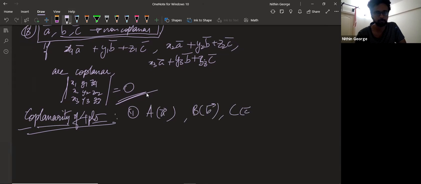So suppose 4 points are given, and you have to check if the 4 points lie on the same plane. You get 3 points, you know they lie on the same plane, it'll be a triangle. Now, if you're given the fourth point, will it form a volume or will it be on the same plane? That's the idea. Much clear?